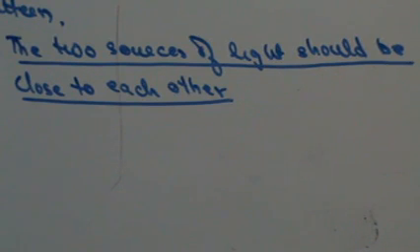If they are far apart from each other, then the bright and the dark bands will be very closely spaced. If you want an interference pattern where the bright and the dark bands are sufficiently far from each other, then the sources should be close to each other. If the sources are far away, the bright and the dark bands will almost merge, and you will not be able to see a clear interference pattern.